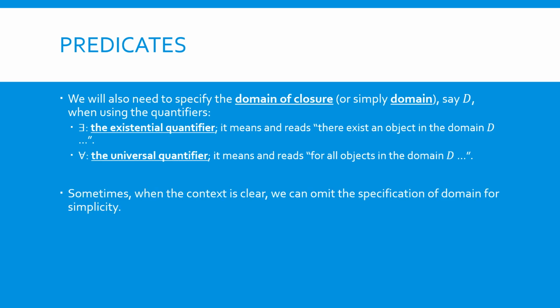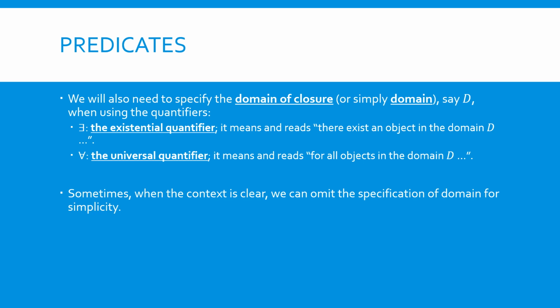When using quantifiers, we also need to specify the range or the possible set of values that the parameter can take. For example, when we say there exists an element, we also need to specify where the element can be chosen from. The range of the possible set of values is called the domain of discourse, or simply domain. We are expected to specify the domain for each quantified parameter.